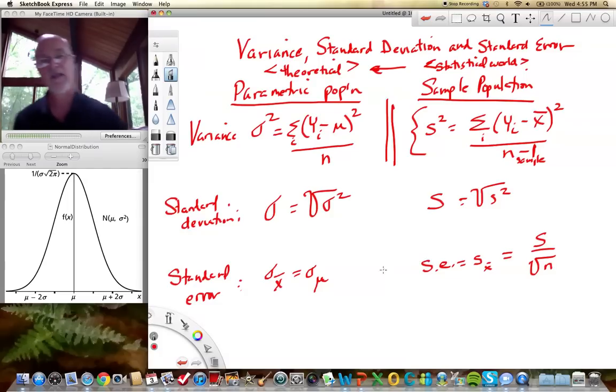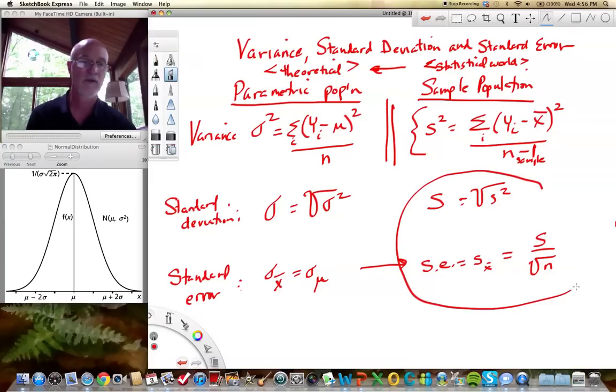All right, now there's a lot of theory that explains why that should be the formula for the standard deviation of the mean. But what I want to focus on here is what we want to use these quantities for. And for now, I'm going to focus on the sample standard deviation and standard errors.